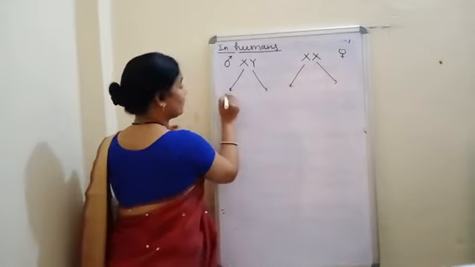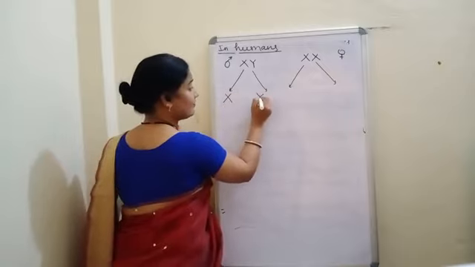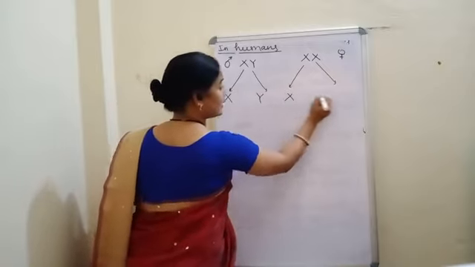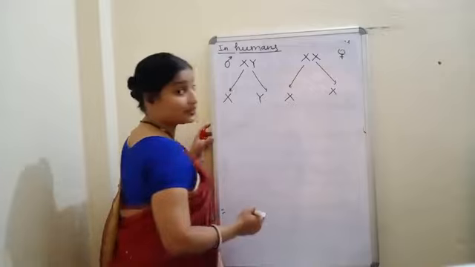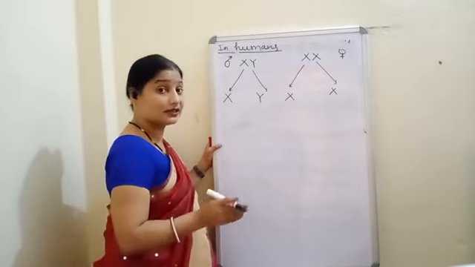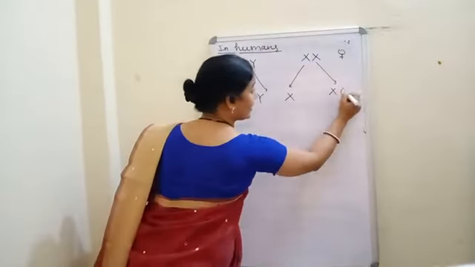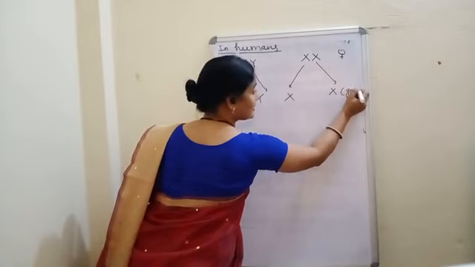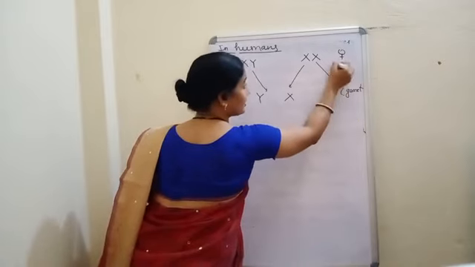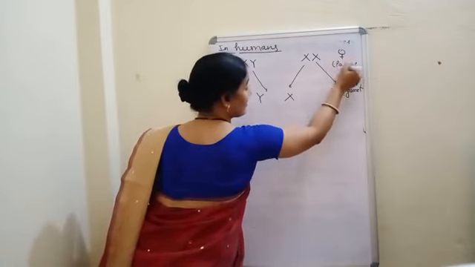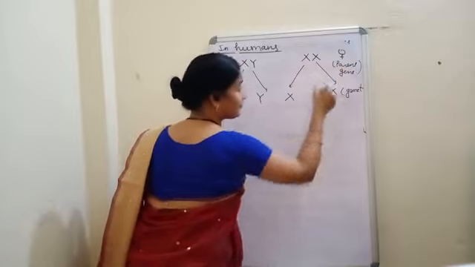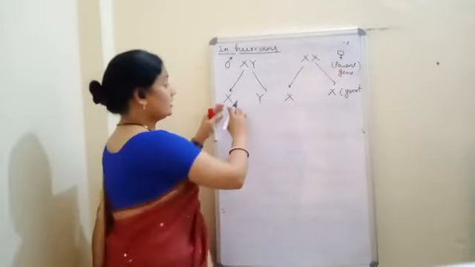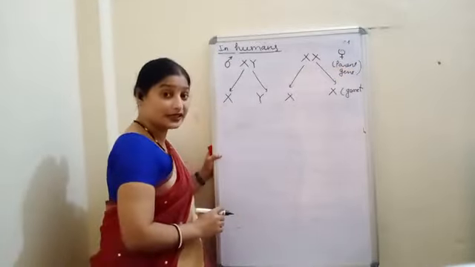What will be the gametes? X and Y for males, X and X for females by the process of meiosis. These are called the gametes. This is the parent generation. Understood? Now they will cross with each other.